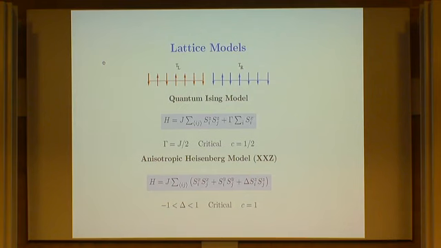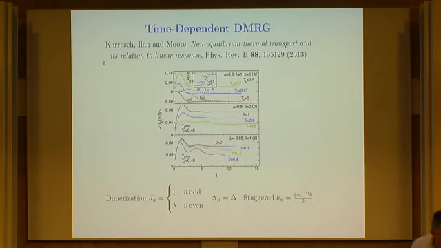Okay? So you might have heard some talks from Joel Moore and his collaborators at the conference. This is showing you some numerical simulations done on the XXZ spin chain, where you look at the energy flow across the interface as a function of the right reservoir temperature, and you can see very clearly that you approach a steady state solution for different temperatures.